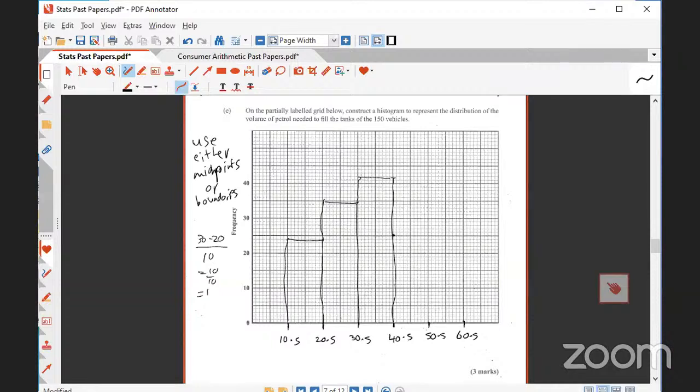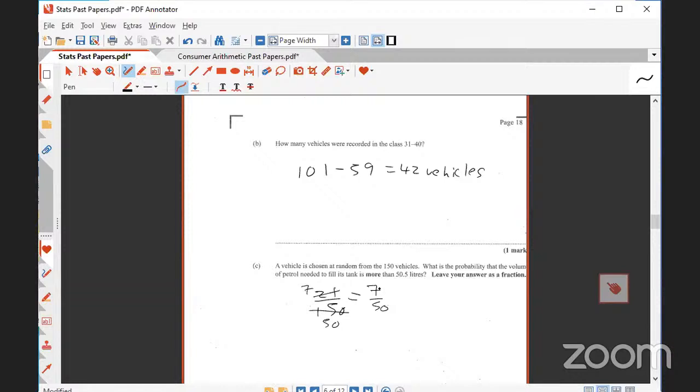So 25, 26, 27, 28. And then the last one is 21. And again, obviously mine isn't drawn very well. It doesn't look straight, but you get what I'm saying.